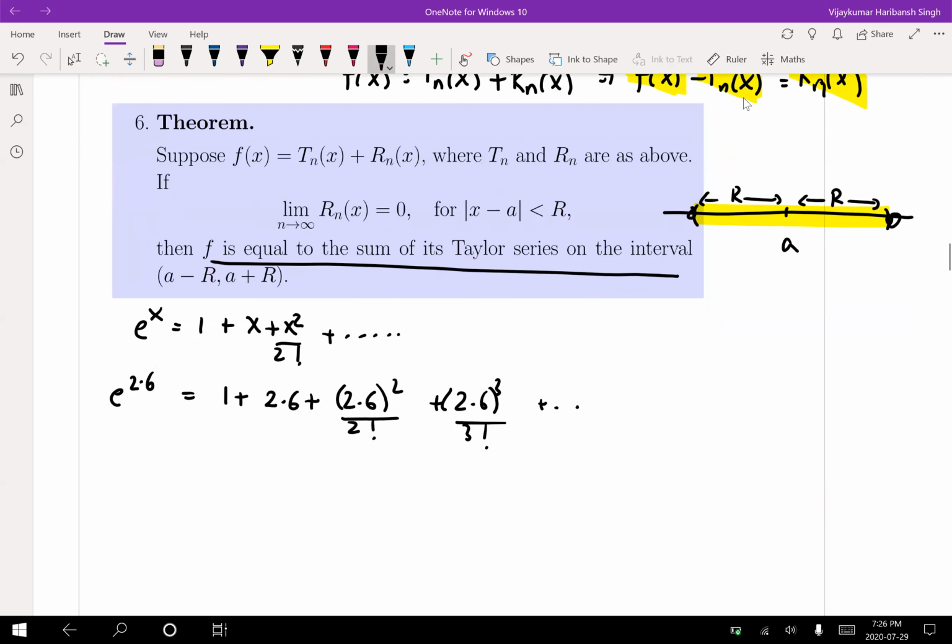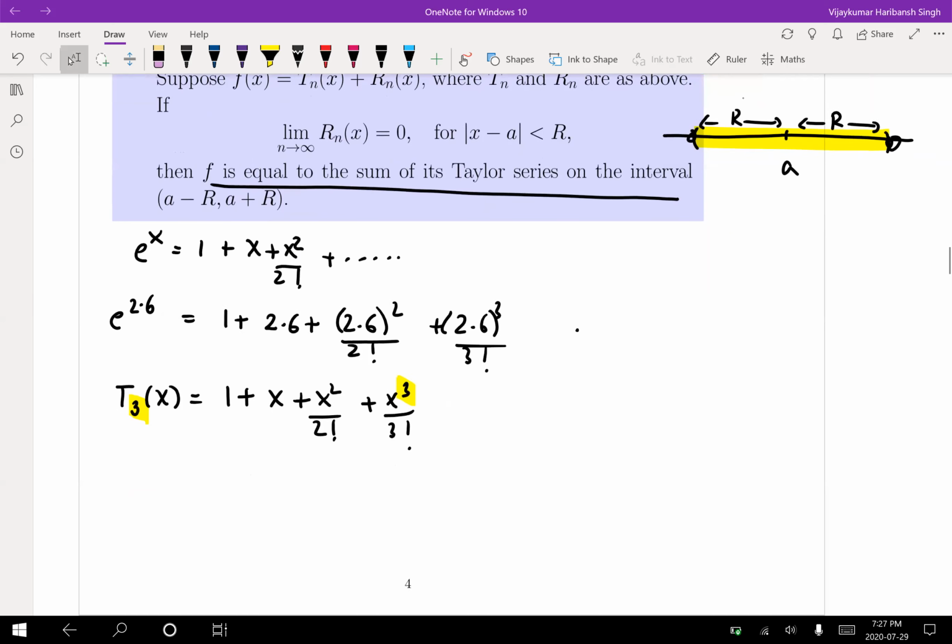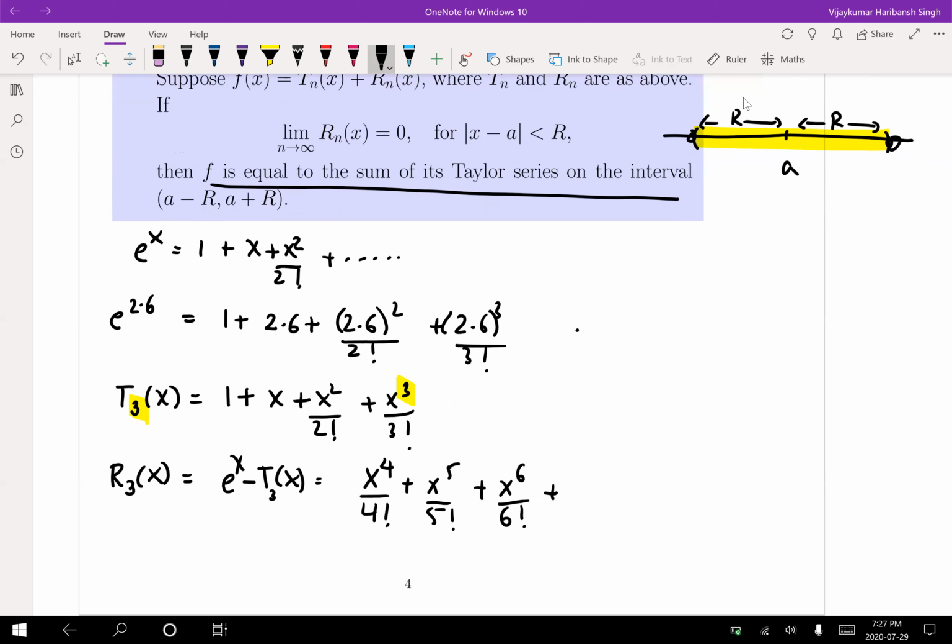If you approximate it by a degree 3 polynomial, T3 of x is going to be 1 plus x plus x squared by 2 factorial plus x cubed by 3 factorial. So you see the connection between the degree and this number here. In that case, what is your R3? Your remainder is e to the x minus T3 of x, which is going to be x to the 4 by 4 factorial plus x to the 5 by 5 factorial plus x to the 6 by 6 factorial, and so on.